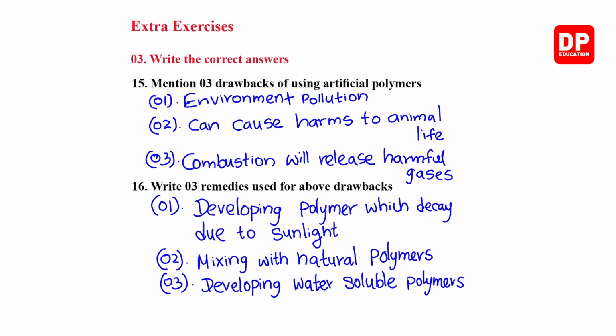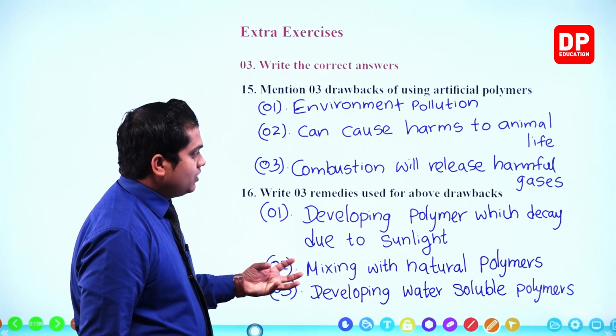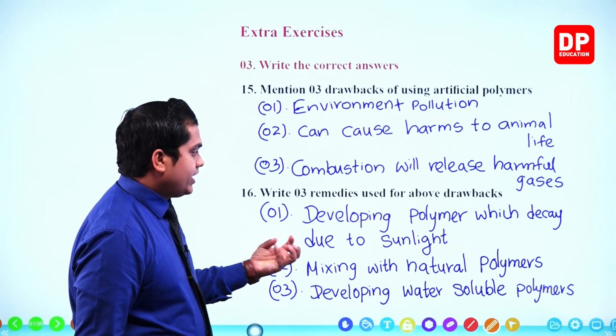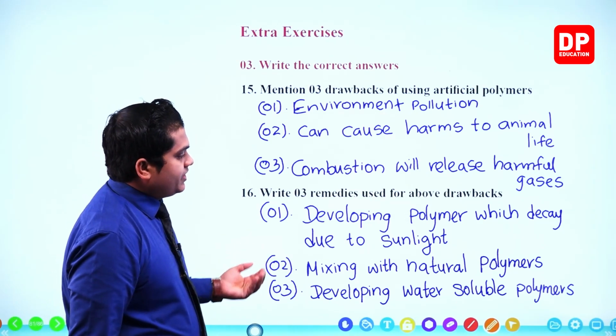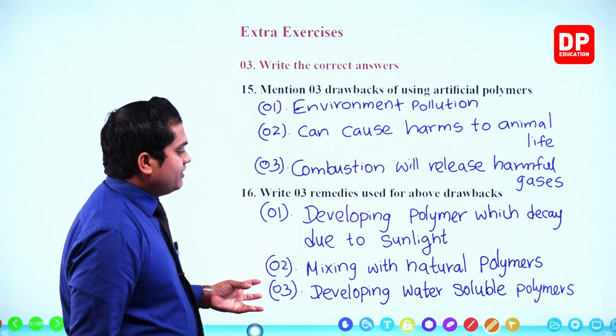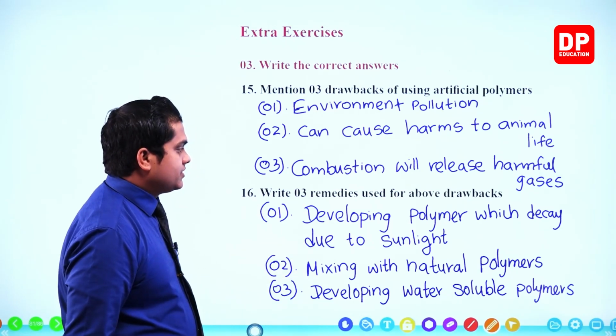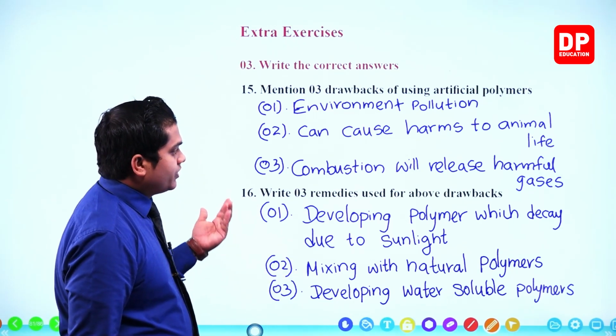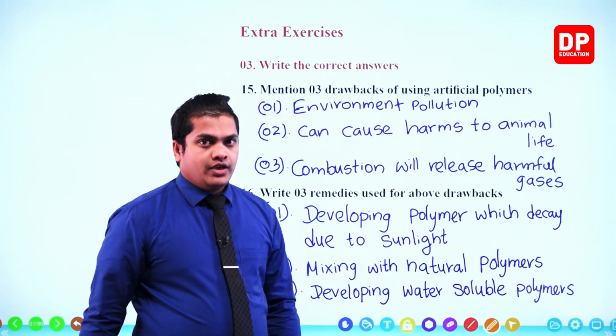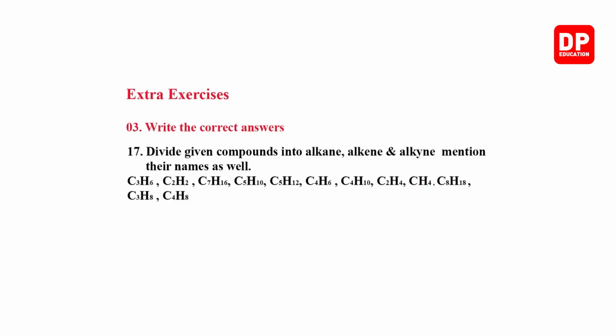Right. So developing polymers which decay due to sunlight, mixing with natural polymers, and developing water soluble polymers are some remedies for the drawbacks, my dear children. Okay. Right. Then the next question.